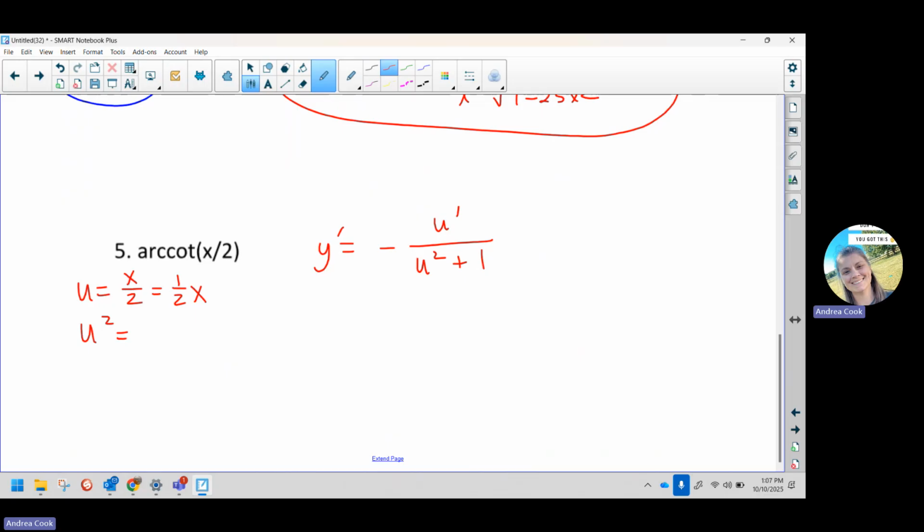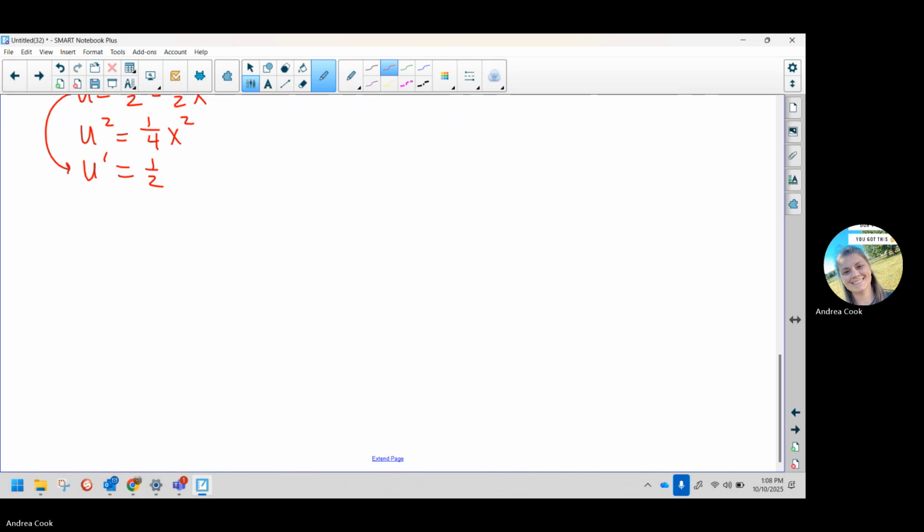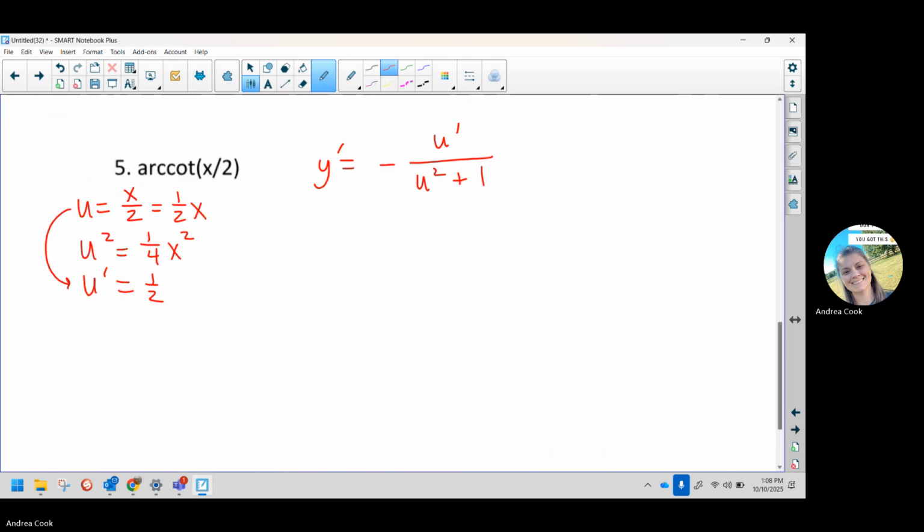What would u squared be? 1/4 x squared, and then u prime is just 1/2. So my derivative is 1/2 over 1/4 x squared plus 1. And I have to get rid of those little fractions.